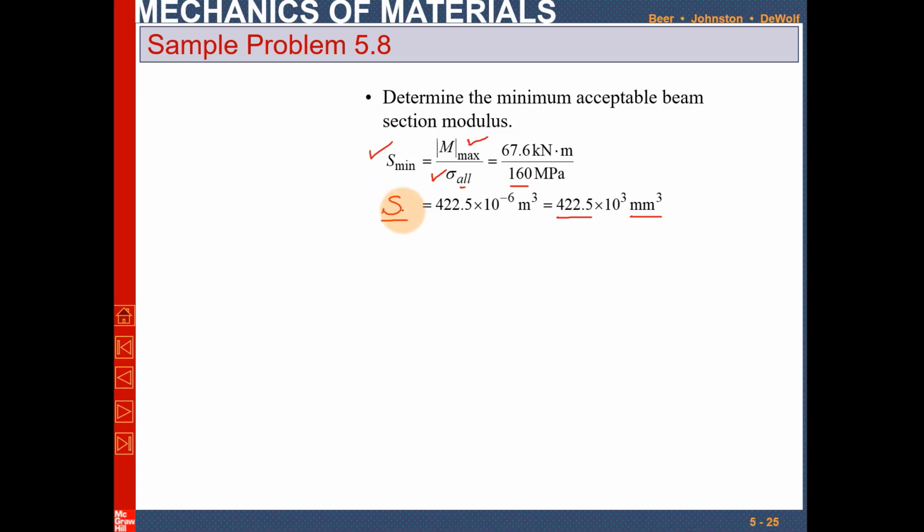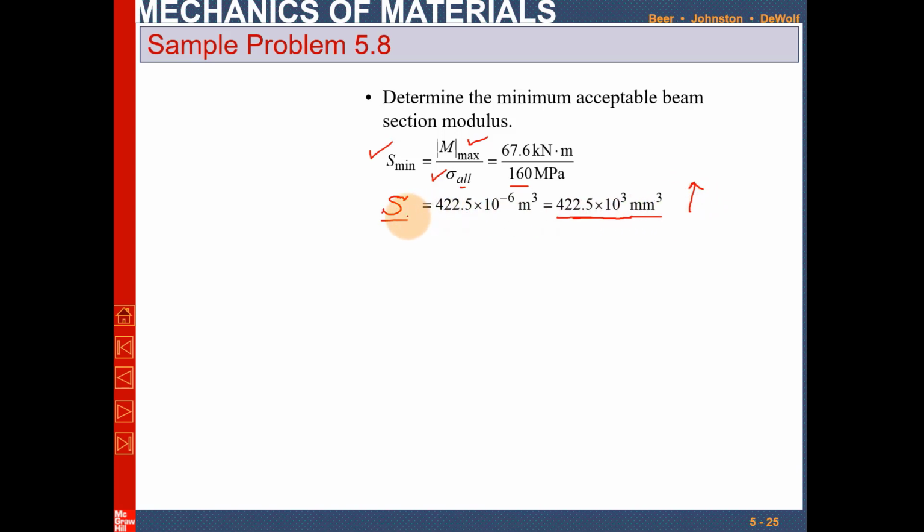From this section modulus we will see the table that is available at the end of the book, of W or short beam flange properties, and we will choose the beam. Or we will have to go to the market and choose the beam having minimum section modulus 422.5 or greater than this.